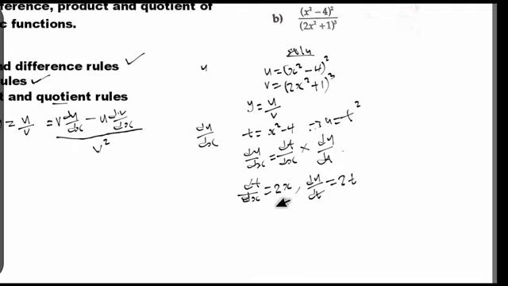Now the next thing you have to do here is apply it to this formula. So du/ds will now be equal to dt/ds, which is equal to 2s, multiplied by du/dt, which is equal to 2t. When they multiply together, 2 times 2 gives us 4, so 2s times 2t gives us 4st.